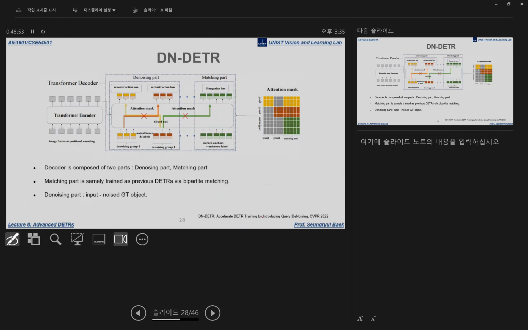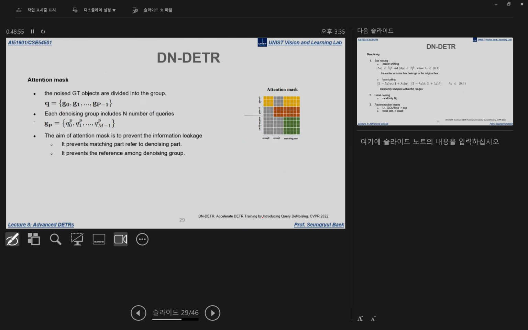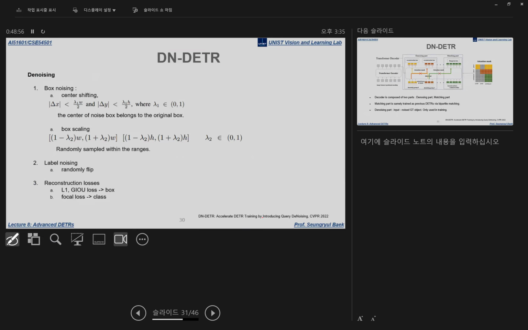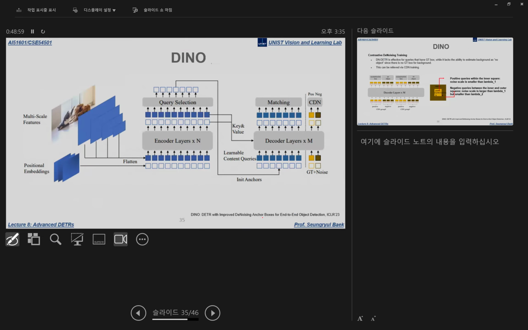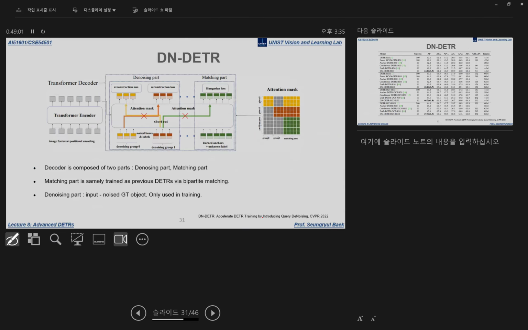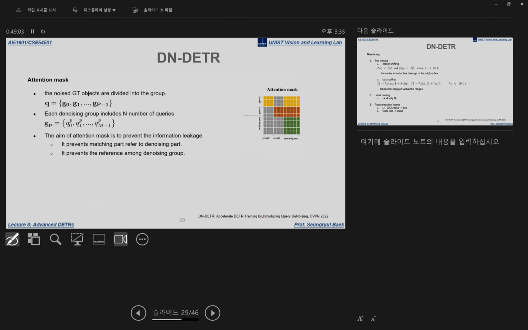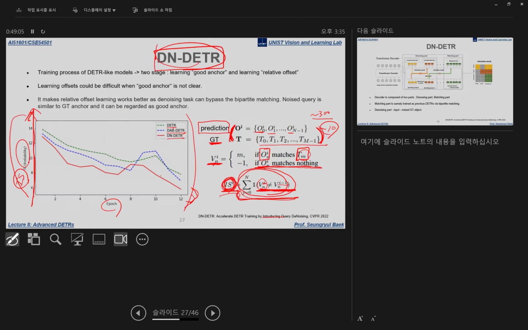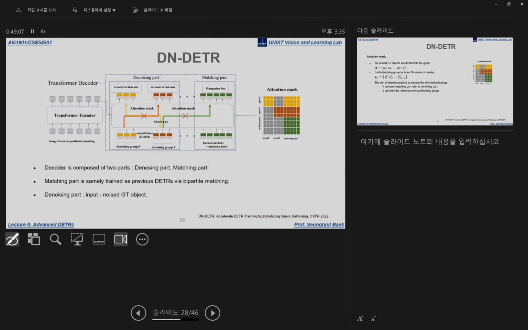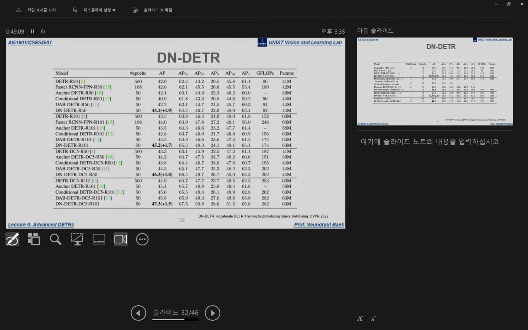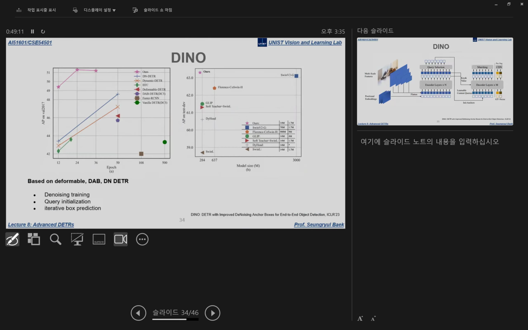And maybe for the later part, we will see in the later class. So in the next class, we will learn about DN-DETR, their actual schemes to reduce this instability. And also, we will further learn about DINO.